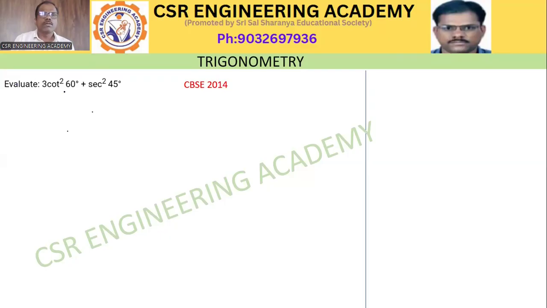Evaluate 3 cot square 60 degrees plus secant square 45 degrees. 3 cot square 60 degrees plus secant square 45 degrees is equal to 3 into cot square 60 degrees, which is equal to 1 by root 3 whole square, plus secant square 45 degrees, which is equal to root 2 whole square.